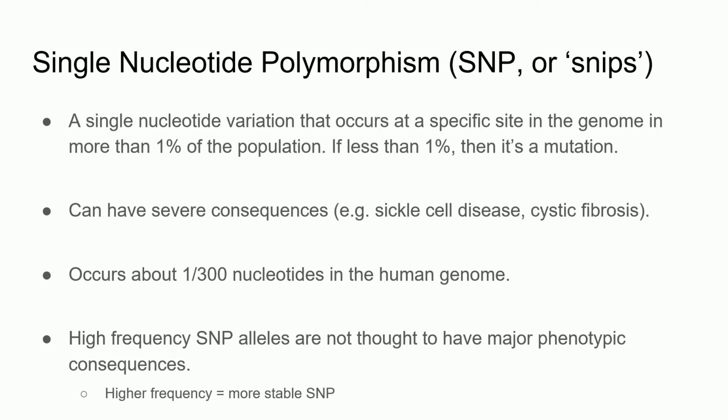If the SNP occurs in greater frequency among the population, it is less likely to be detrimental. However, keep in mind that SNPs are not always a benign finding, as in sickle cell disease or cystic fibrosis, where the point mutation in these diseases may be present in greater than 1% of a given population.